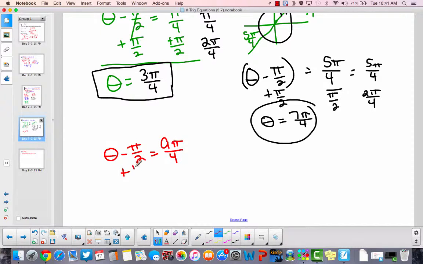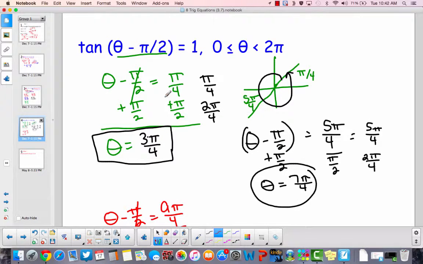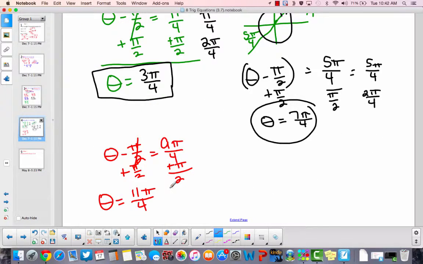Again, solve for theta. This is 9 pi over 4 plus 2 pi over 4, which is 11 pi over 4. Is that still in our interval? No, it's not, because 11 divided by 4 is bigger than 2. It's almost 3, so that would not fit in our interval between 0 and 2 pi. So this one doesn't work.